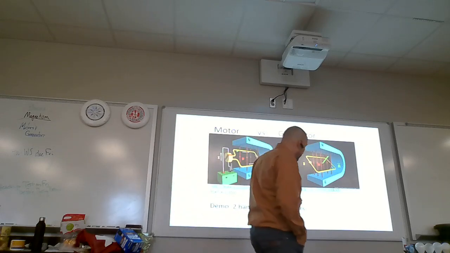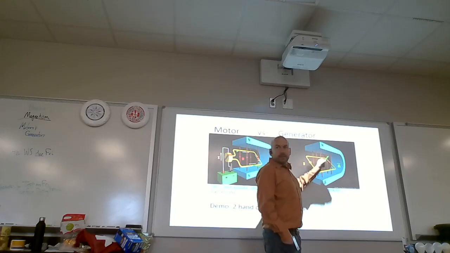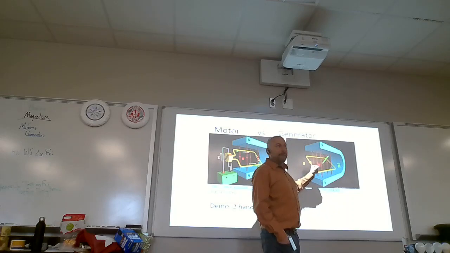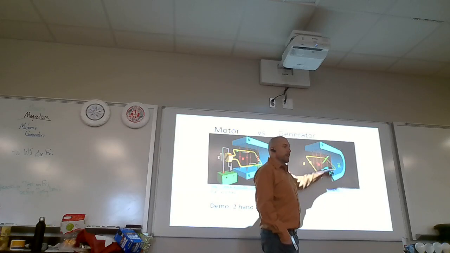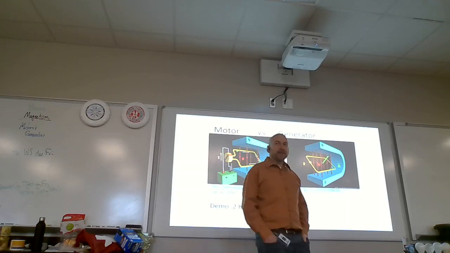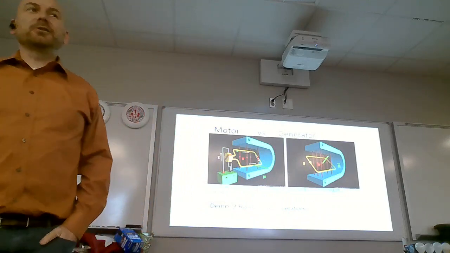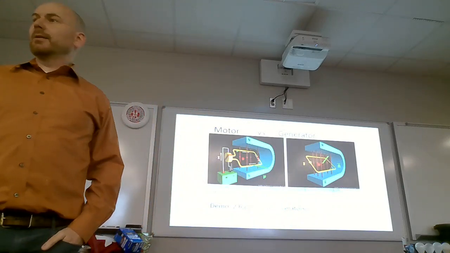With a generator, we make that loop of wire spin, and we cause electricity to be produced. So they essentially have the same parts, but opposite functionality depending on what you make the wire do.